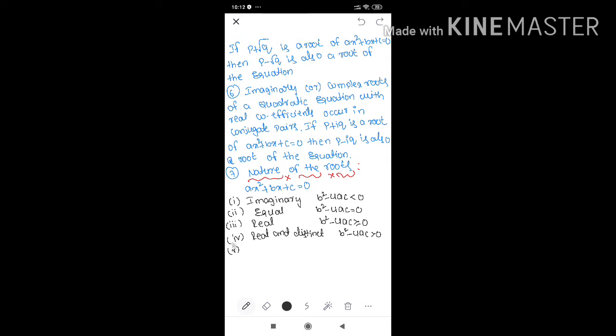Fifth point, rational: b square minus 4ac is a perfect square, a, b, c being rational.